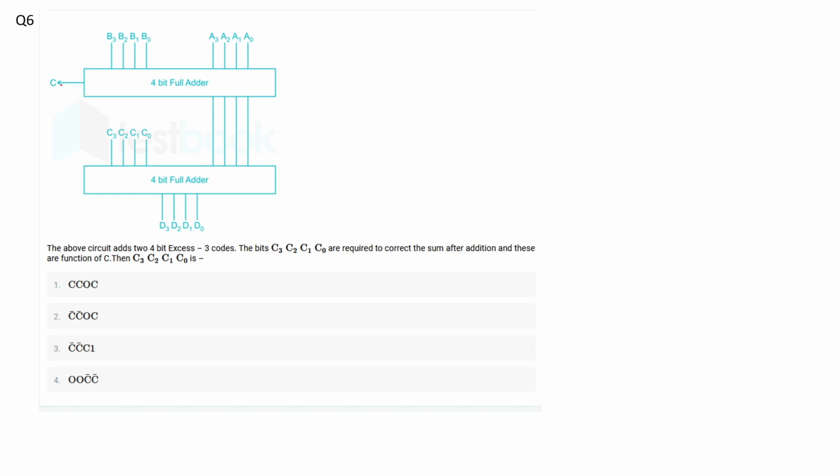Function of C means when C is equal to 1, they will add 3, and when C is equal to 0, they will subtract 3. That's the condition on these bits based on the values of C. So we are required to find the expression for C3, C2, C1, C0 in terms of C. When C is 1, we add 3.